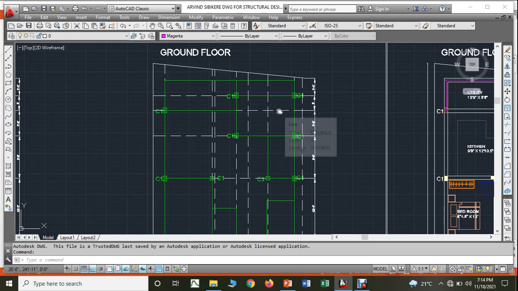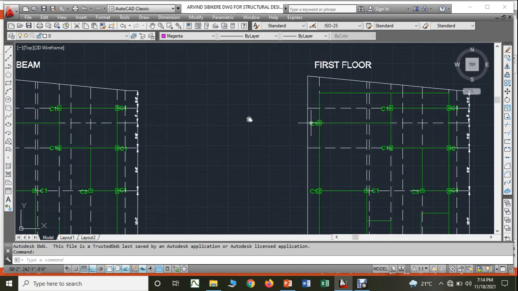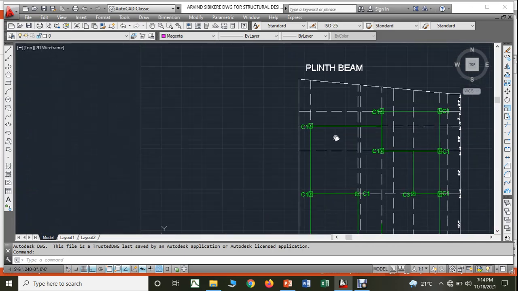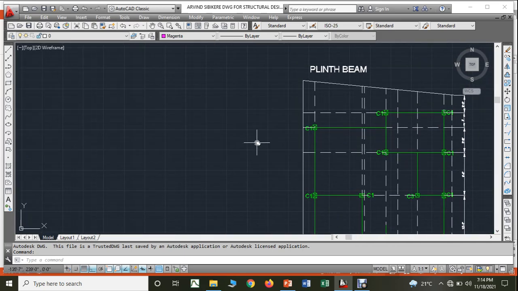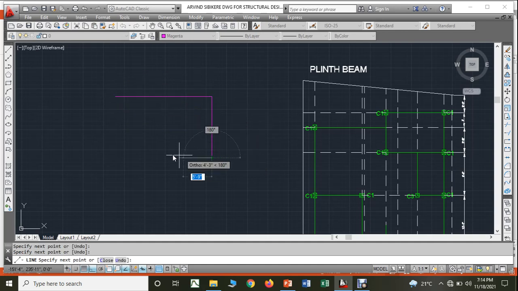Now I would like to explain one concept here, students. When we go through IS 456 2000, it is very clearly written how the distribution of the loads will occur on the slab. For example, you have a slab like this.